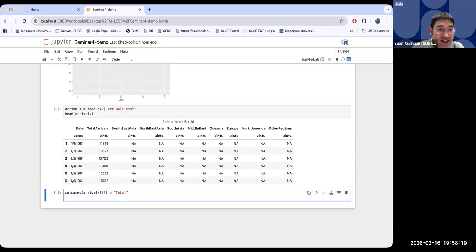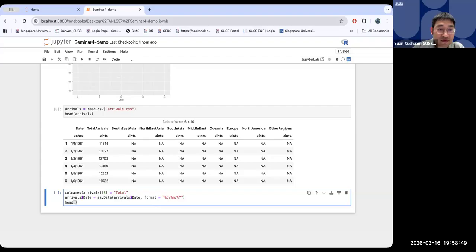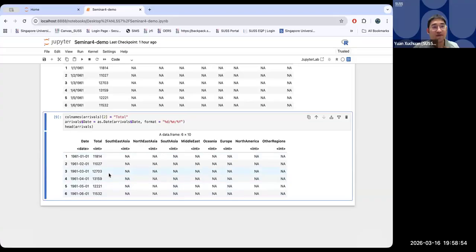And then we change the date into the date format, with day, month, and year.